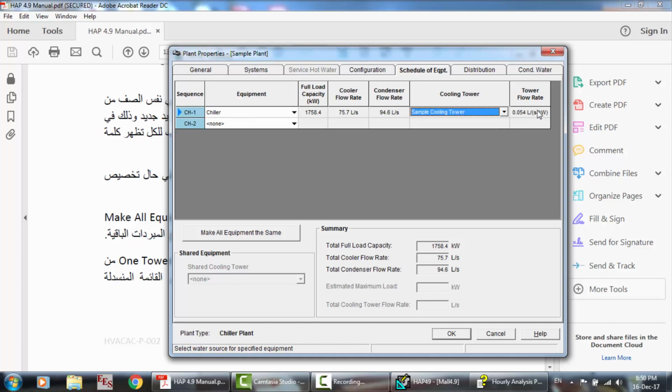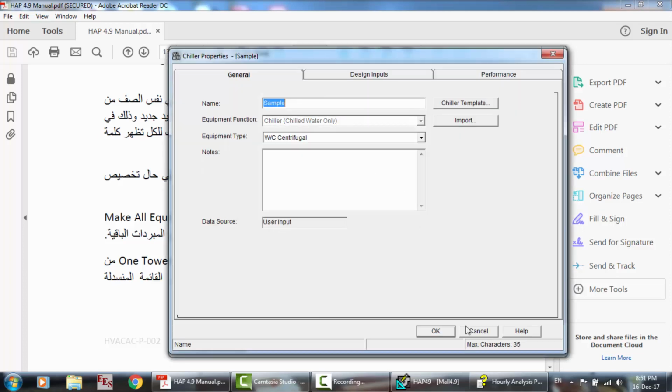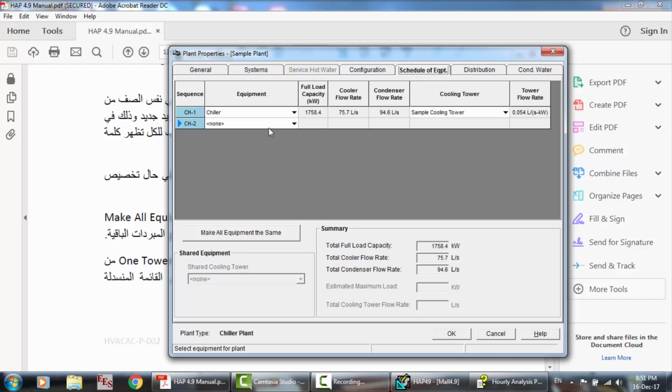Why? Because if we have another chiller, you can create a new chiller. Or suppose that you have many different chillers in the library, you can choose many of them here. And for each chiller, you can of course choose a different cooling tower.